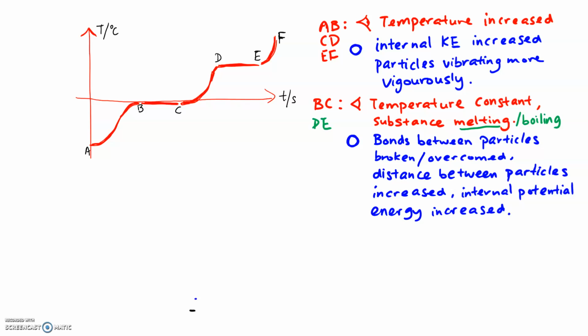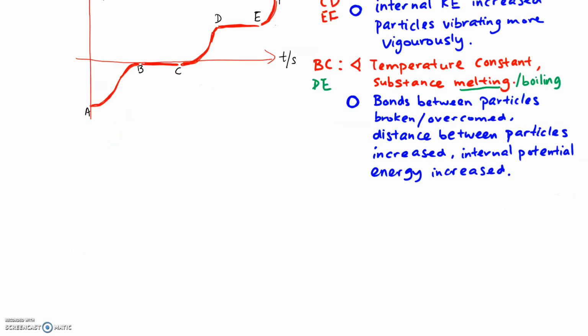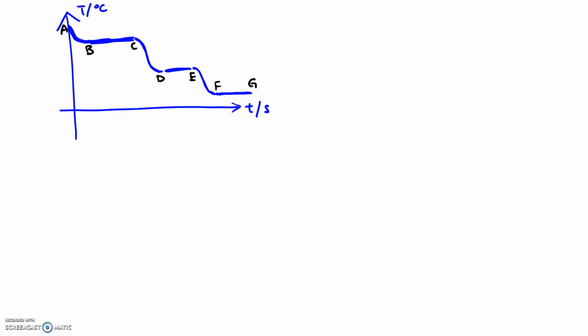Okay, so now let's move on to what happens if I'm giving you the opposite, which is actually in the form of a cooling curve. Okay, so what if I draw a cooling curve like this?